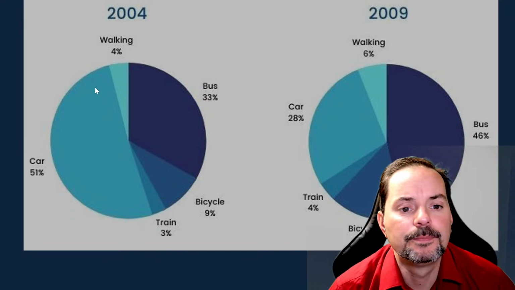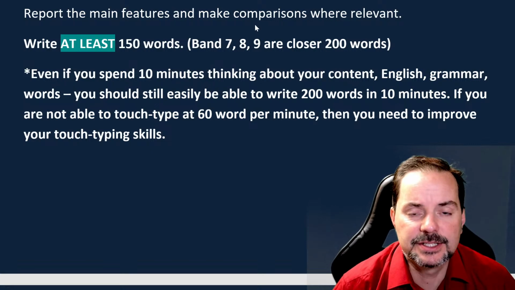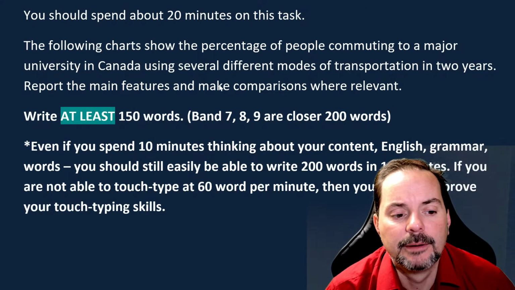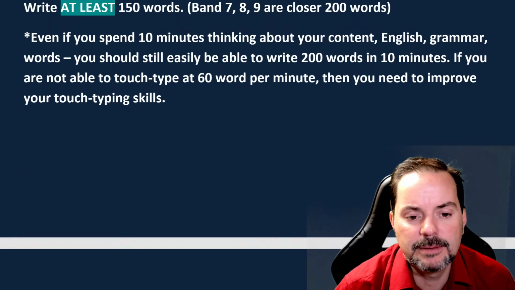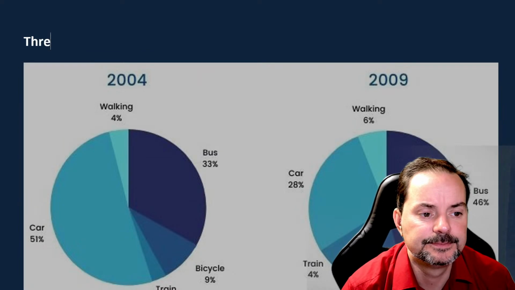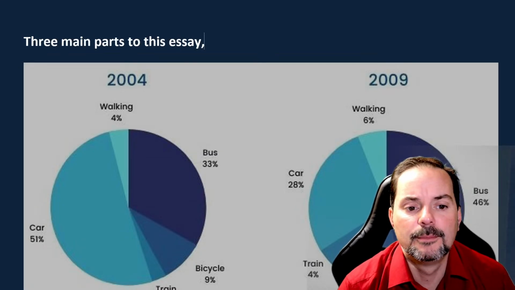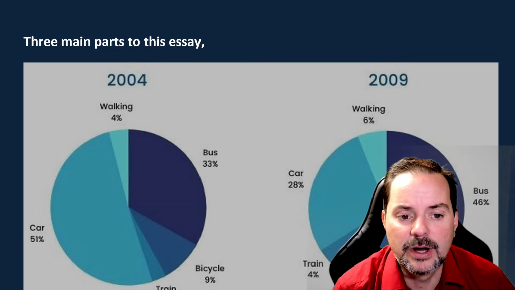All right, so the task 1 for the academic has 3 parts, basically. Well, kind of 4, but 3 main parts. Okay, so 3 main parts to this essay. Most of you know this who watch these classes regularly and are doing your IELTS studies.